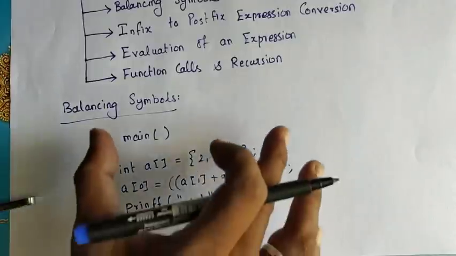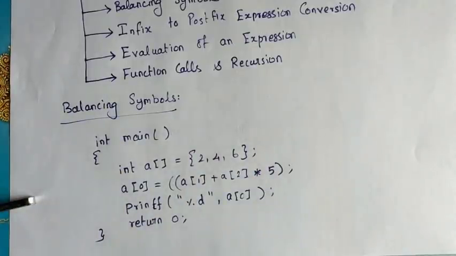When we complete that program and compile it, what is the purpose of compilation? It is going to identify the syntax errors in the program. That is the main purpose of the compiler. It will check whether your program violates the language rules.